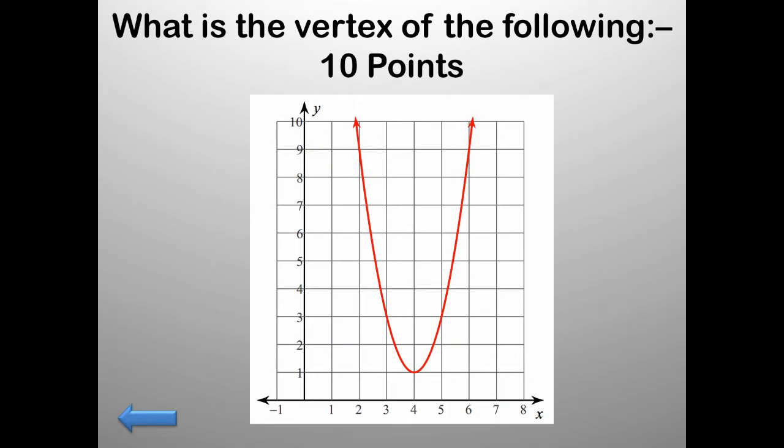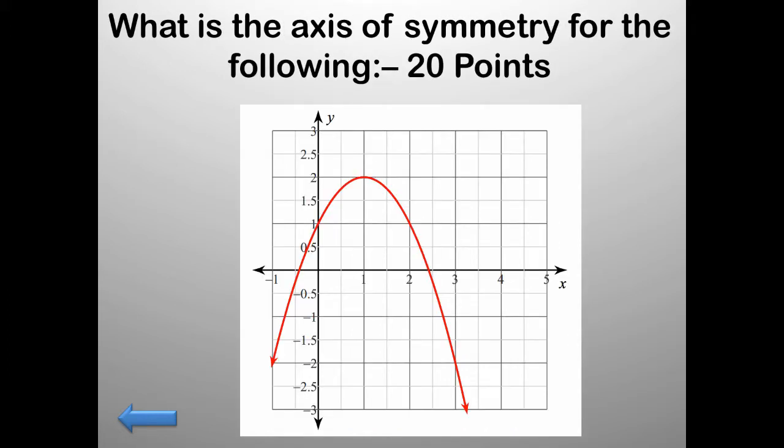Our next step is the standard form, where the first step is to identify the vertex, which is that middle point. Boom, 4, 1. Axis of symmetry is the line that cuts it down the middle. So you're going to write it as x = 1.